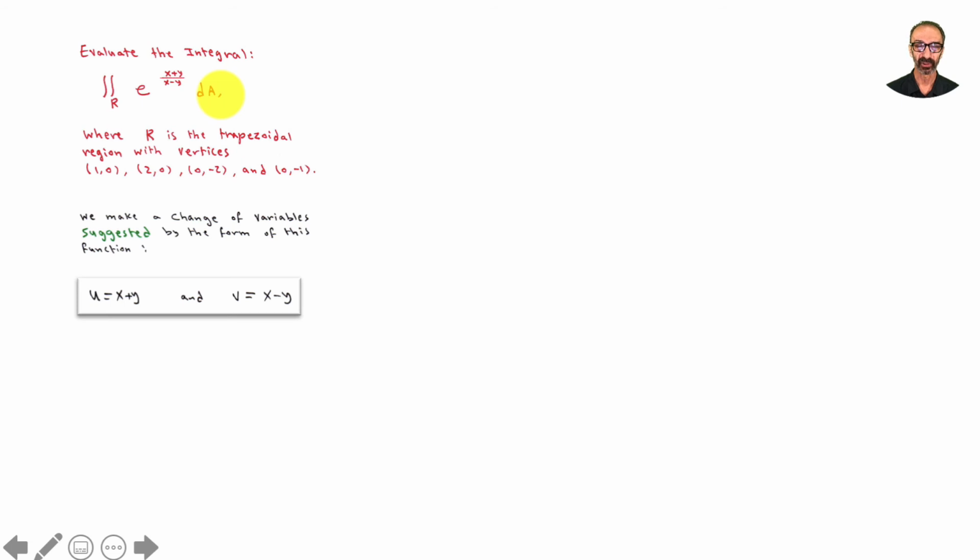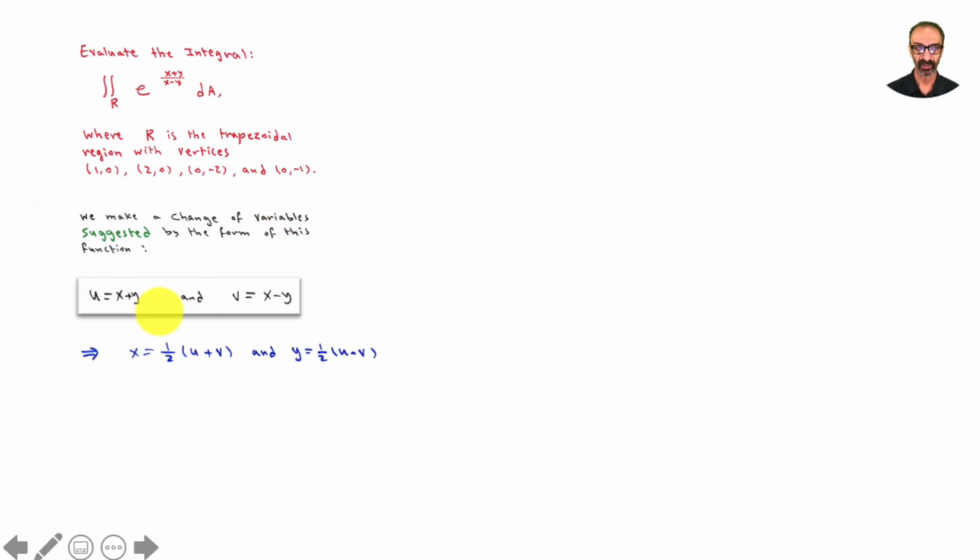I know with more experience and practice, you'll get the idea. But once you do this, you need to follow the rules and use the Jacobian. And if it's kind of hard, as you notice in the book and homework problems, they tell you what to substitute for u and what to substitute for v. If they don't, this is a great example to tell you how to think about change of variables. Okay, let's move on.